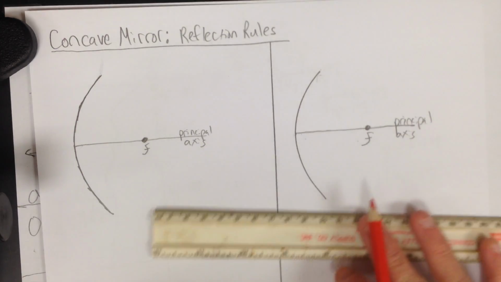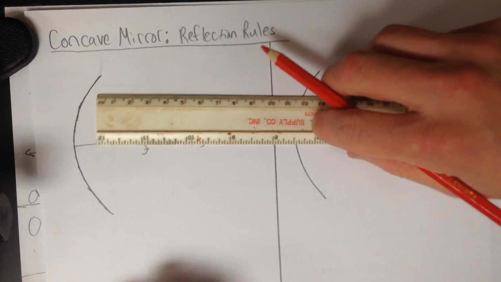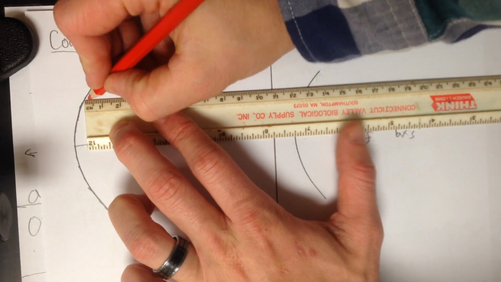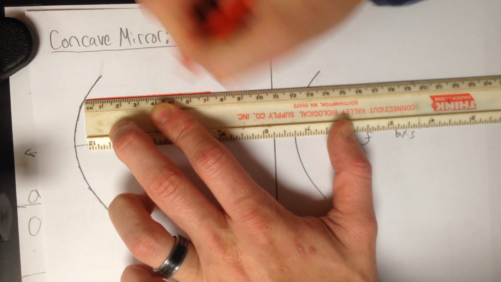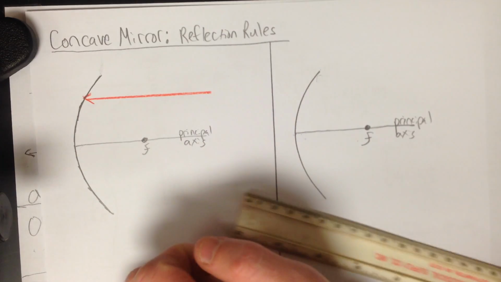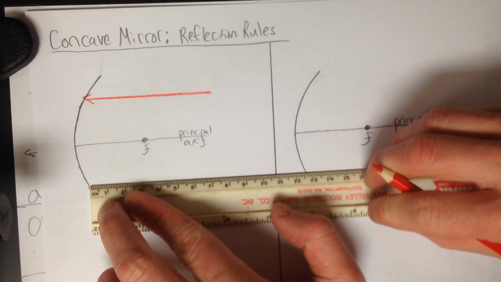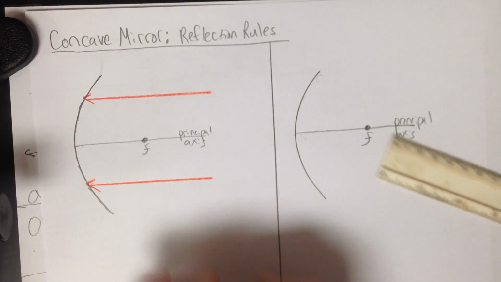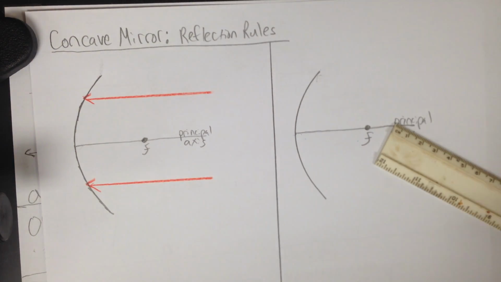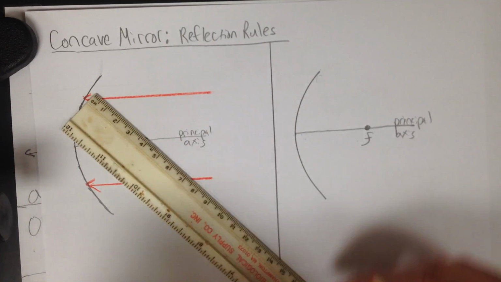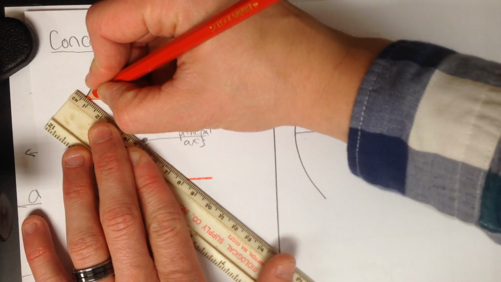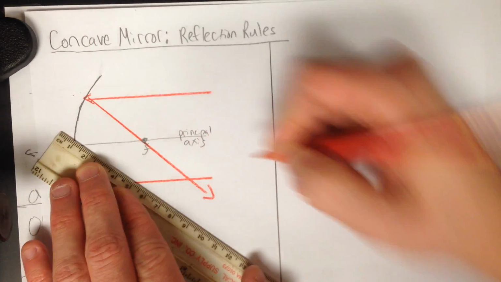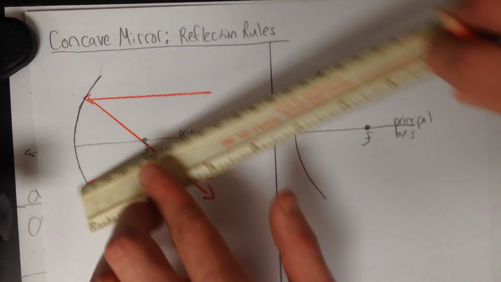Our first reflection rule is that if I have light that comes horizontally in, whether it's on the top, whether it's on the bottom, it doesn't matter. If it comes in horizontally, it reflects through what? You looked into it in the investigation. It reflects through the focal point.